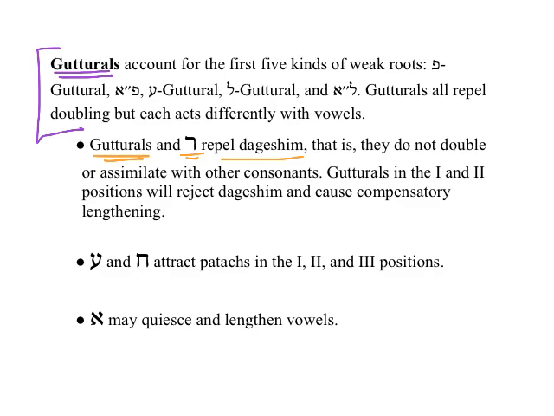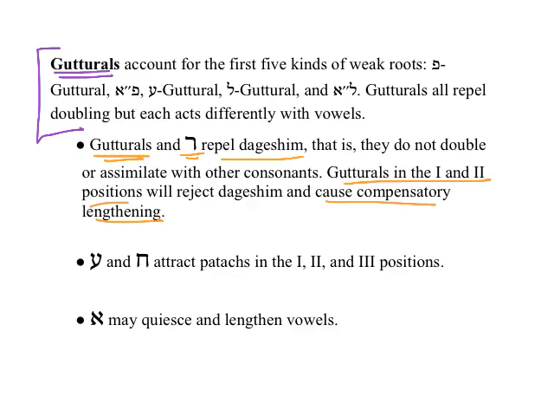That is, they don't double or assimilate with other consonants, and when gutturals are in the first and second position, that's in the pe or the ayin position, they reject dagashim and therefore cause compensatory lengthening. So while there's 5 different kinds, they all share that in common.